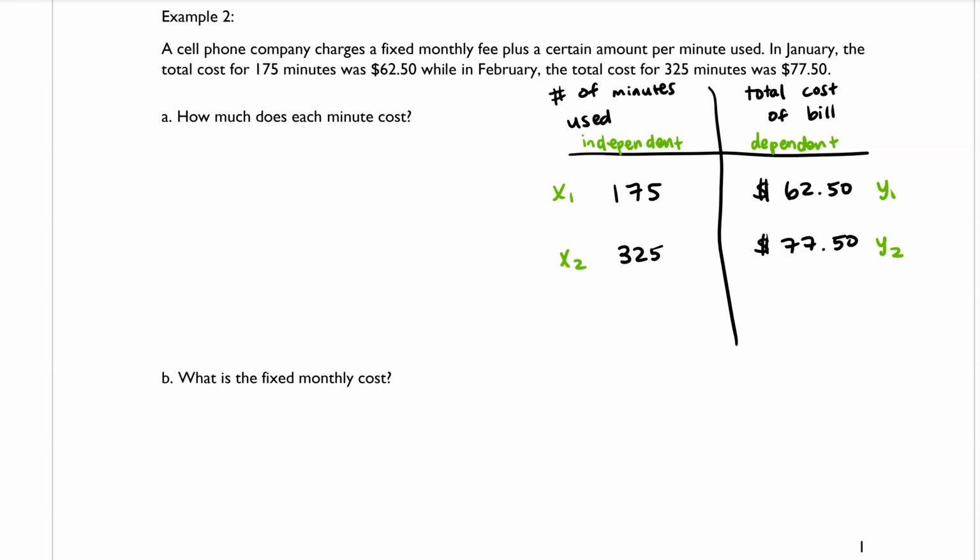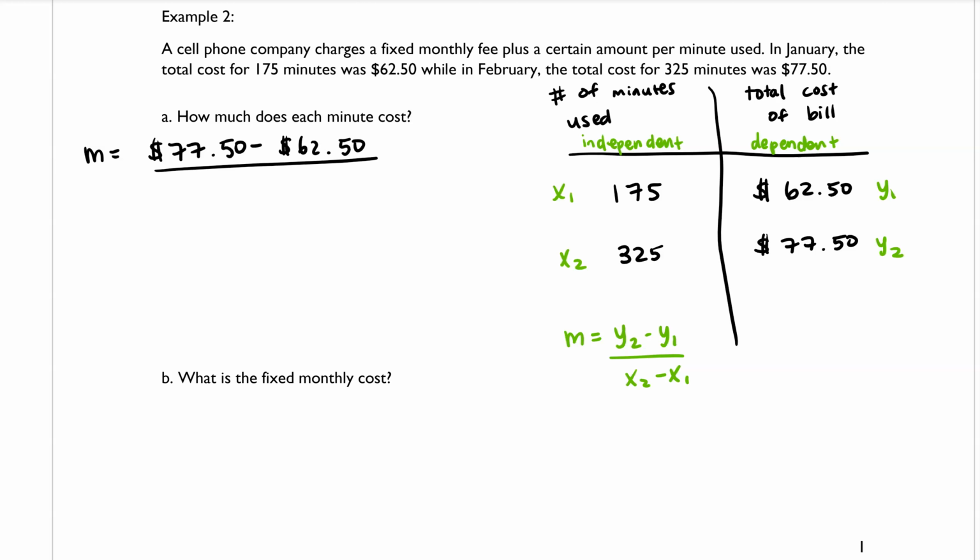We know that the slope, the constant rate of change, is equal to y2 minus y1 over x2 minus x1. So if we use that, we get m is equal to $77.50 minus $62.50 divided by 325 minutes minus 175 minutes.